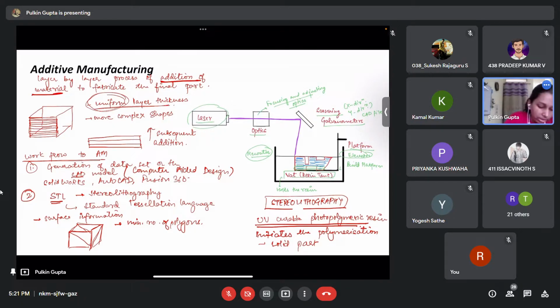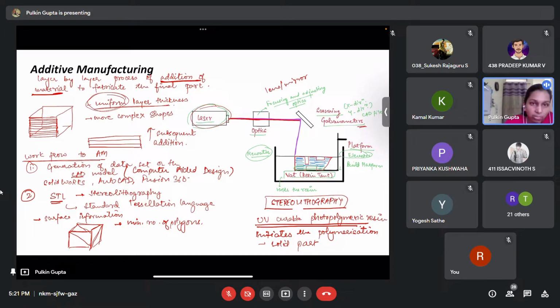There is a laser which ejects a beam that goes through the optics. This optics is lenses and mirrors. They help in focusing this beam onto the polymer in the tank. These are driven through galvanometers.